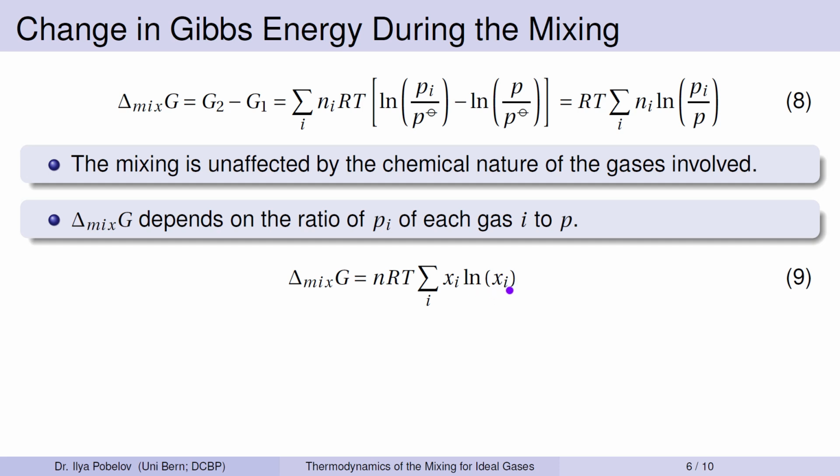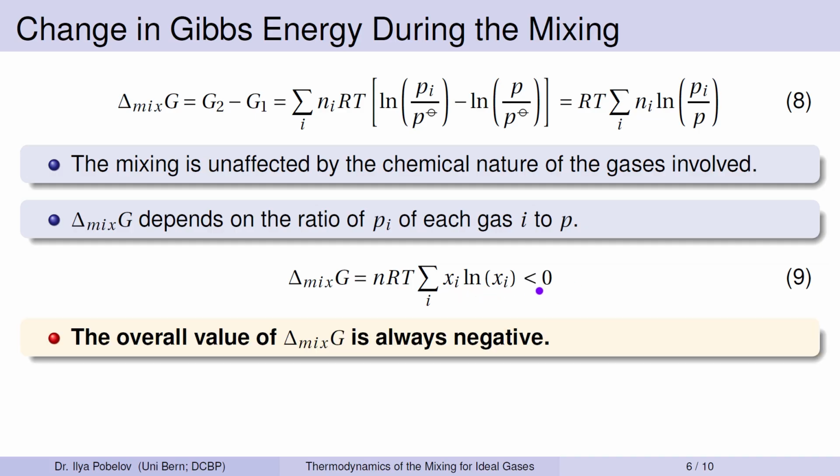As the mole fractions Xi are always less than 1, the natural logarithms of Xi are always negative. For any composition of the gas mixture, every term in the summation contributes negatively, and thus the overall value of delta mix G is always negative.